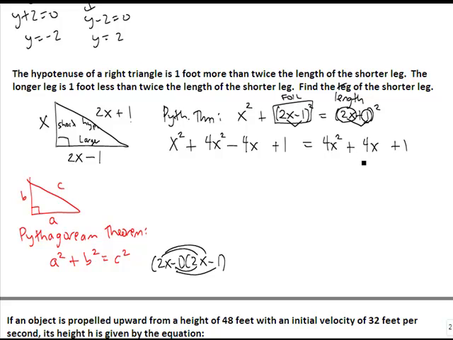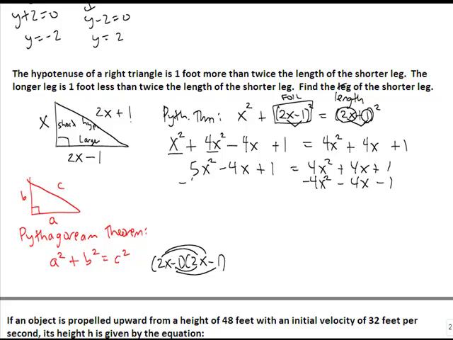Now we're ready to combine some like terms. Over here on the left side, I'll get 5x squared minus 4x plus 1 equals 4x squared plus 4x plus 1. And now we're ready to get our 0. We want to move everything over to one side, so I'm going to move all my terms on the right over to the left by subtracting them.